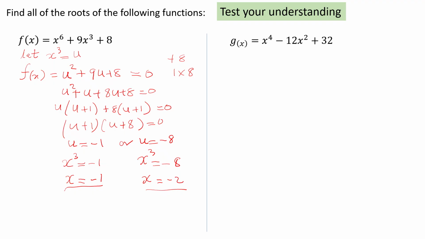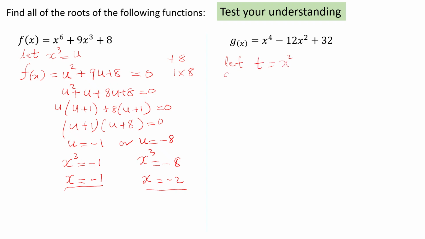Next one, d(x) equals x to the power 4 minus 12x squared plus 32. Here also I am going to substitute. Let p equal x squared.